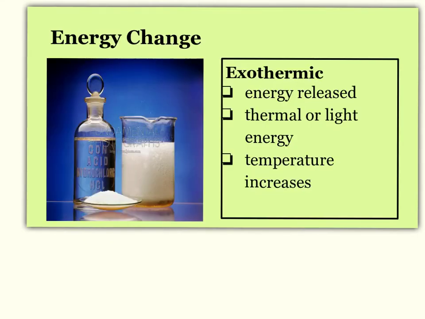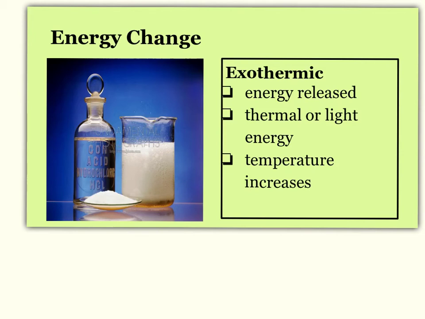Another sign that a chemical change has happened is a change in energy. There are typically two types of reactions: exothermic, which we'll talk about first, and endothermic. In an exothermic reaction, exo is like exit, so energy is being released, energy that's exiting.